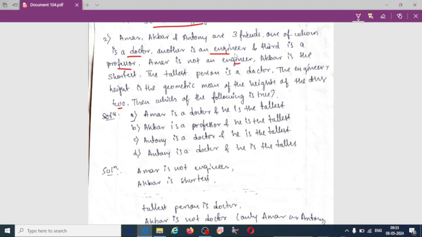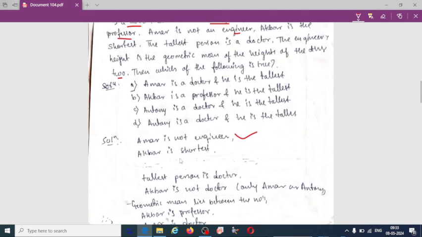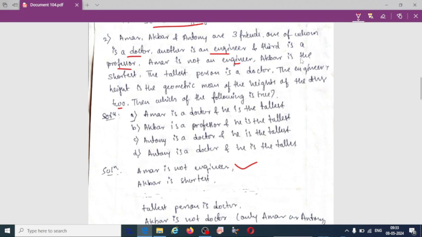From the statements, some clear assumptions you can make. Directly they are saying Amar is not an engineer. So in the given options, Amar must be a doctor or professor, but we still have to identify. Akbar is the shortest, as they said.